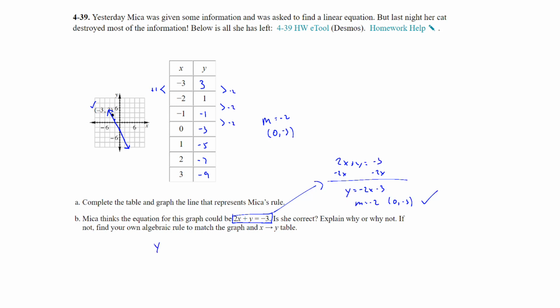Yes, she's correct. Explain why. Yes, she is correct because the slope is negative 2 and the y-intercept is (0, negative 3).